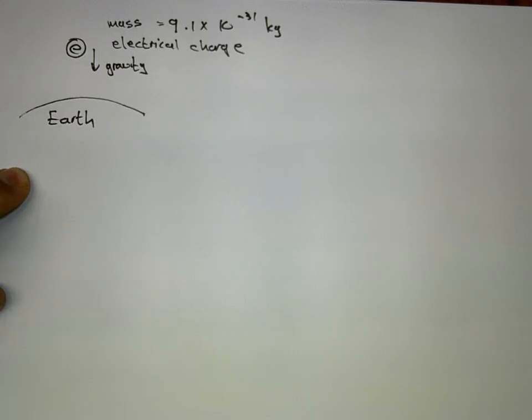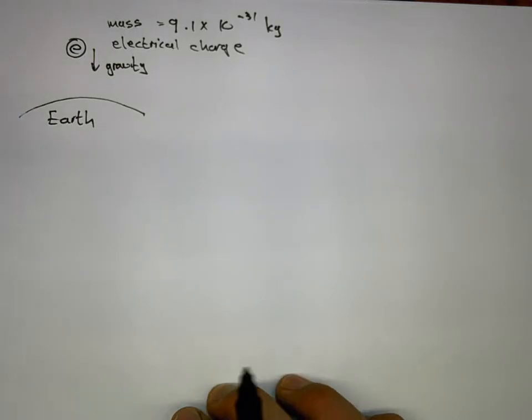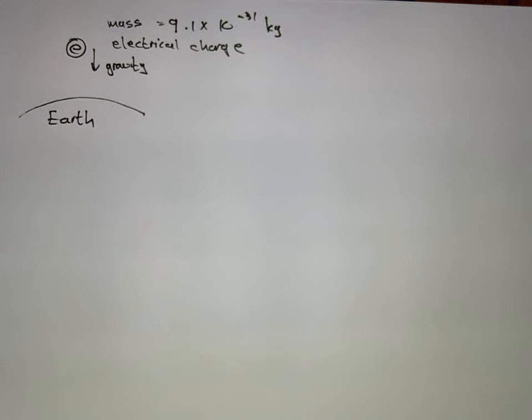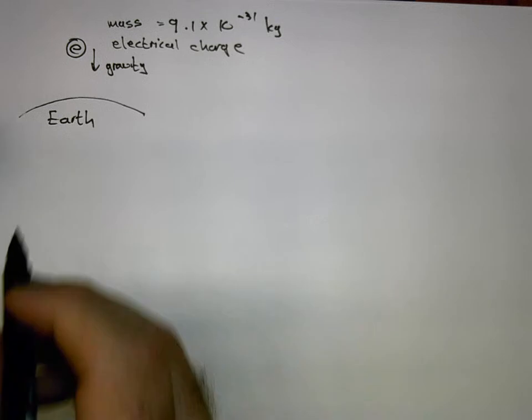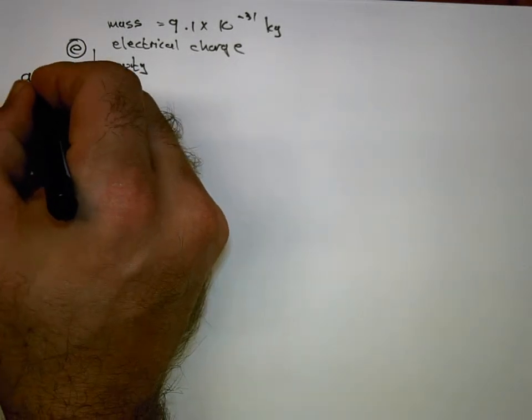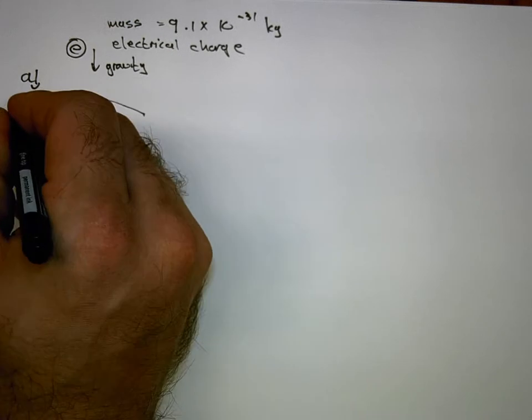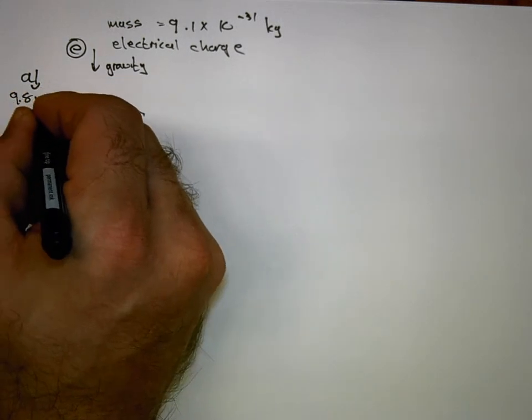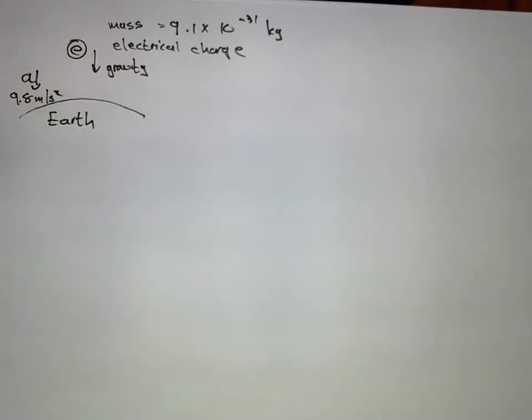And we know that when we did projectile motion, any object close to the surface of the Earth, if we neglect the effects of friction or air resistance, has got a certain acceleration. So, like any other object with mass, due to gravity, this electron will accelerate downwards at a rate of 9.8 meters per second squared. And we know that is because of gravity pulling this electron down towards the Earth.